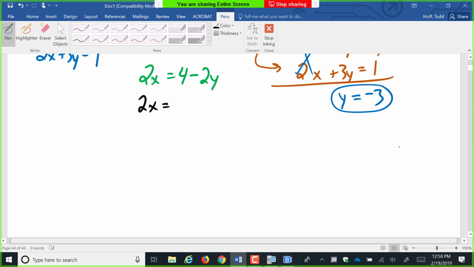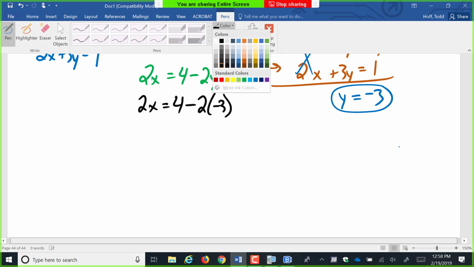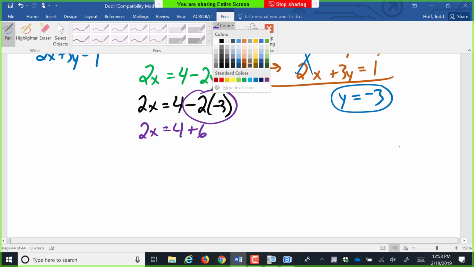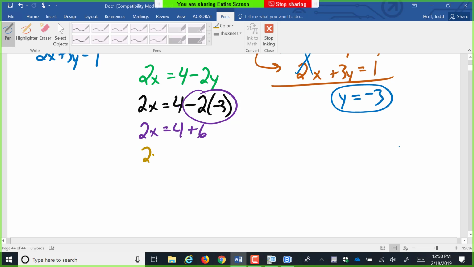So 2x equals 4 minus 2 times negative 3. I treat the minus 2 times negative 3 as a negative 2 times negative 3. So that's 4 plus 6. So 2x equals 4 plus 6 is 10.